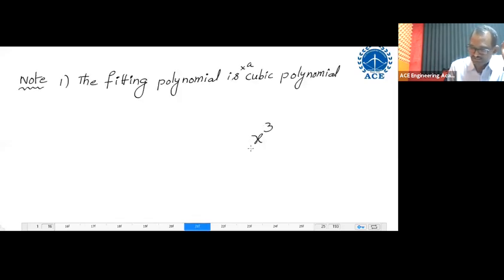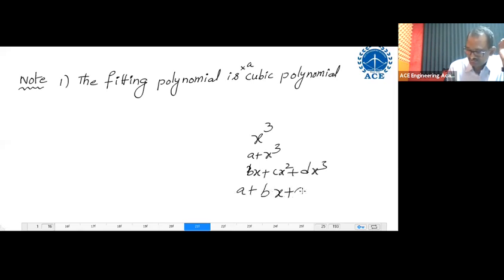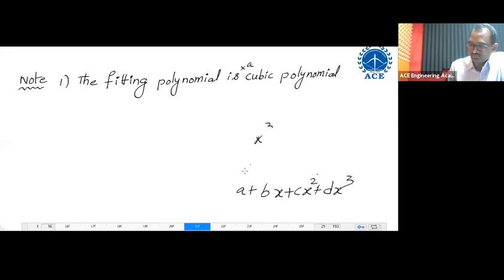The most typical form of the third degree polynomial containing all constants is a plus bx plus cx square plus dx cube. This is the most typical form of a third degree polynomial.